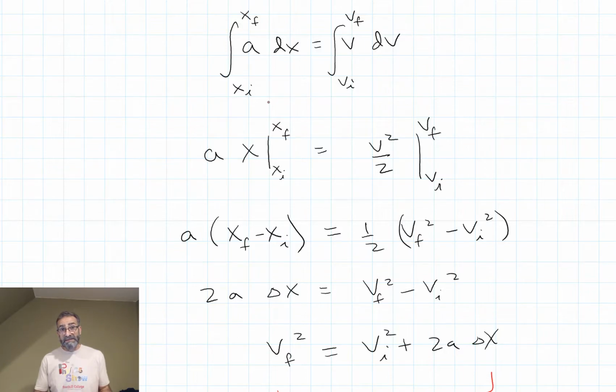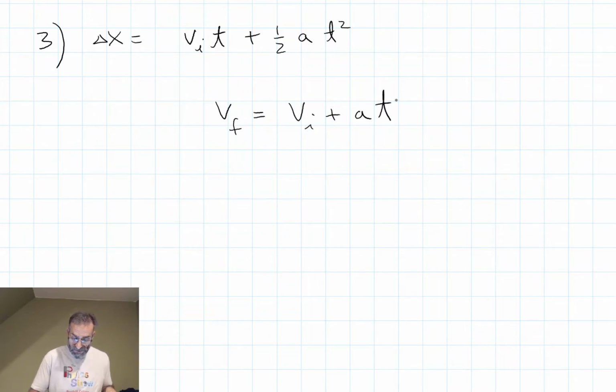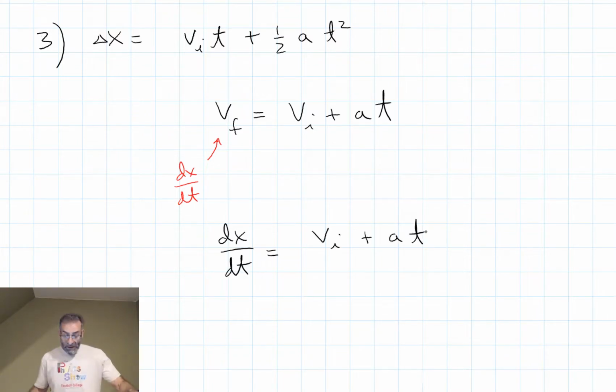In order to get equation 3, we're going to start with equation 1. We've already derived this one. V final is V initial plus at. V is dx dt. I can bring my dt to the other side.